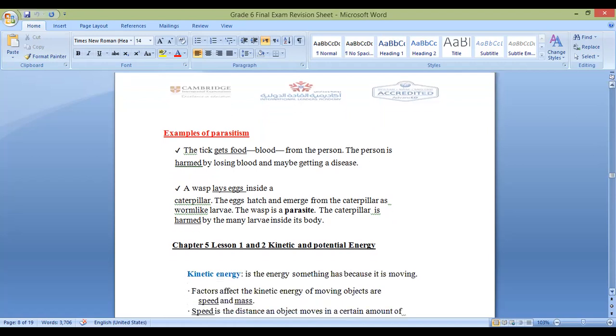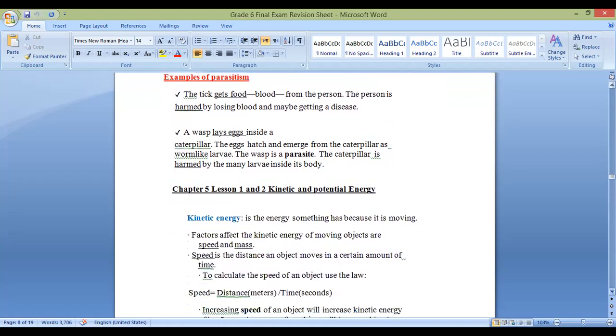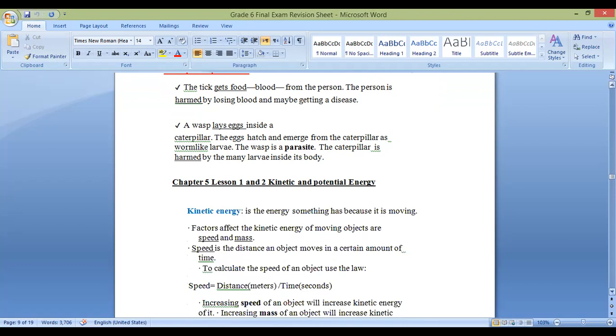Yes, energy of position. So, kinetic energy is the energy something has because it is moving. As you see here in the video, while this guy was moving on his bike, he is having kinetic energy. Okay?